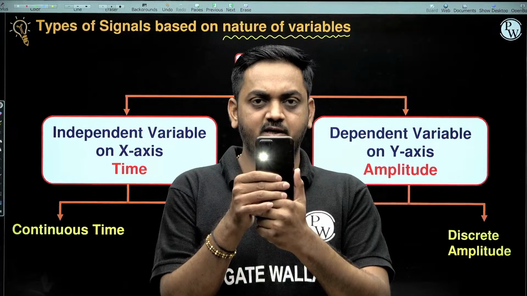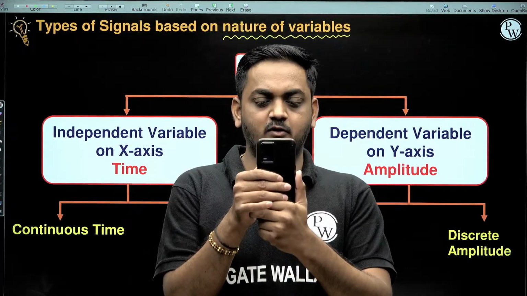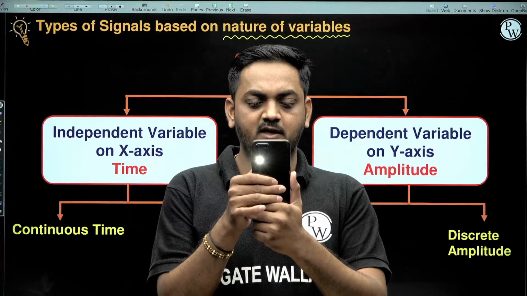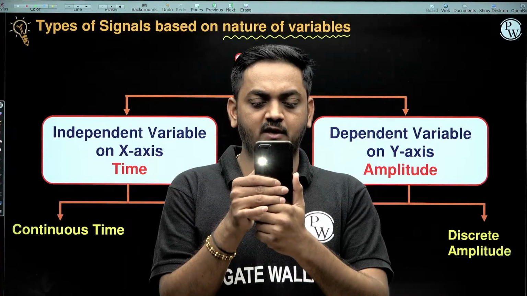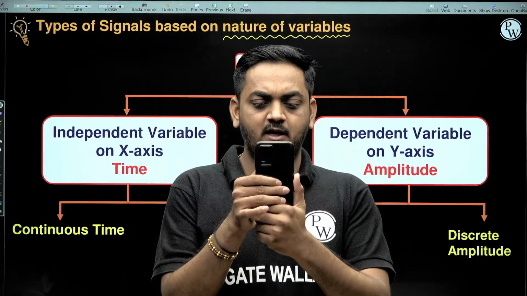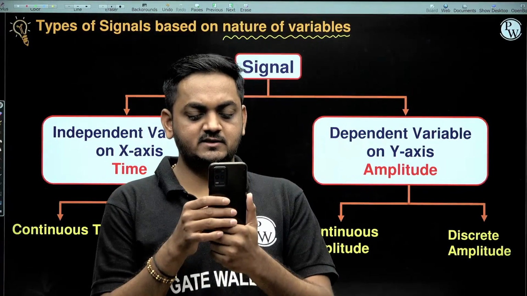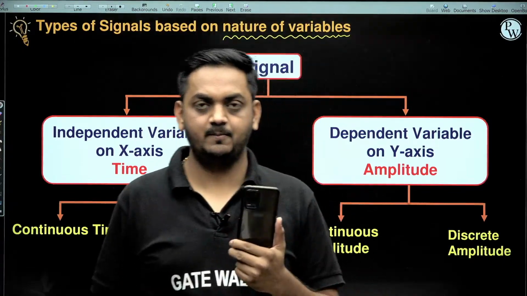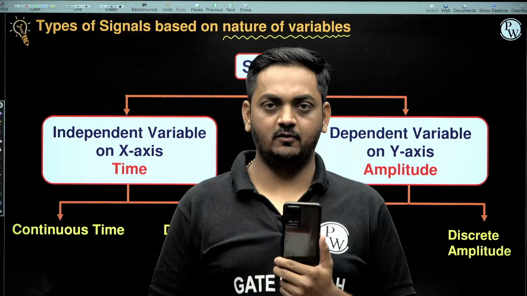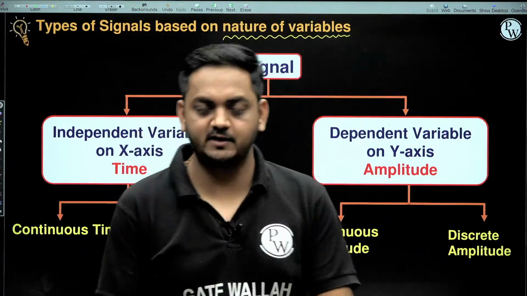I am pressing the button every 2 seconds, like t equal to 0, then t equal to 2, then t equal to 3. Now tell me guys, in this observation, is the intensity of light continuous or not?